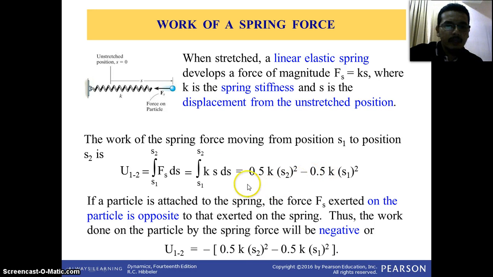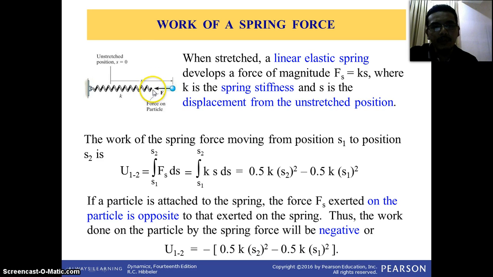So if the particle is attached to a spring here, for example, the force Fs exerted on the particle is opposite to that exerted on the spring. Thus, the work done on the particle by the spring force will be negative, because when the particle is attached here, the force exerted on the particle is opposite.